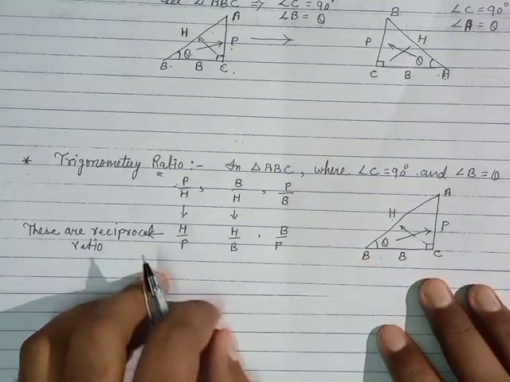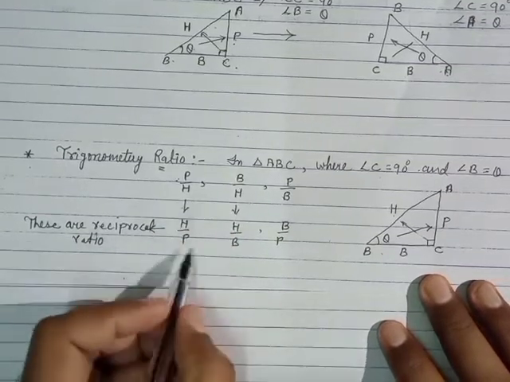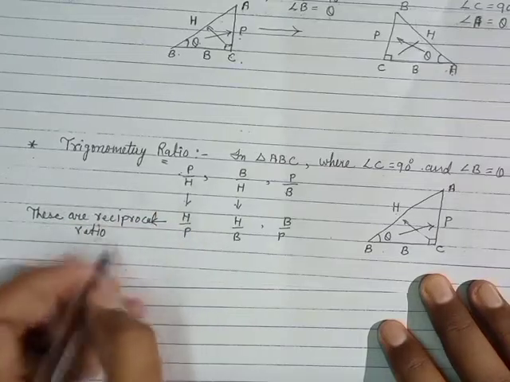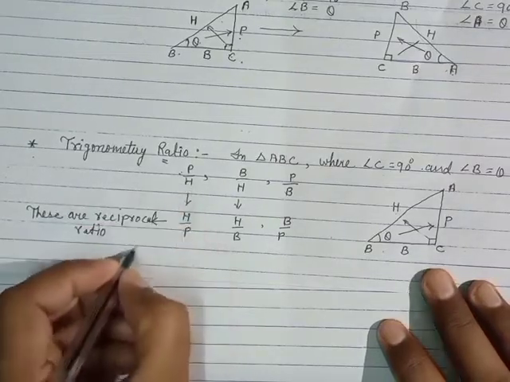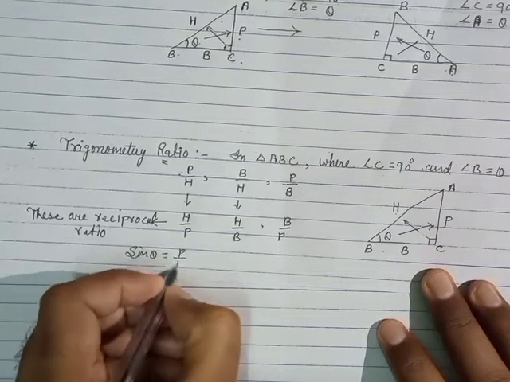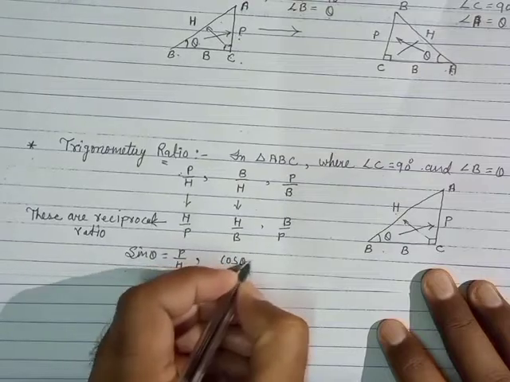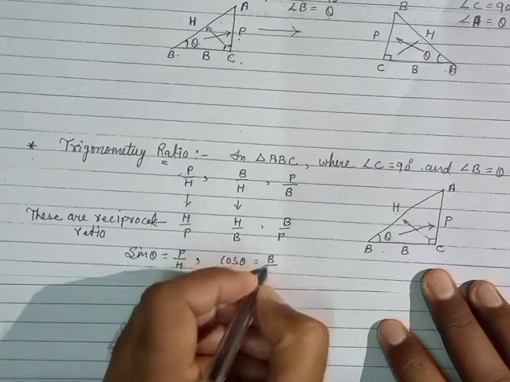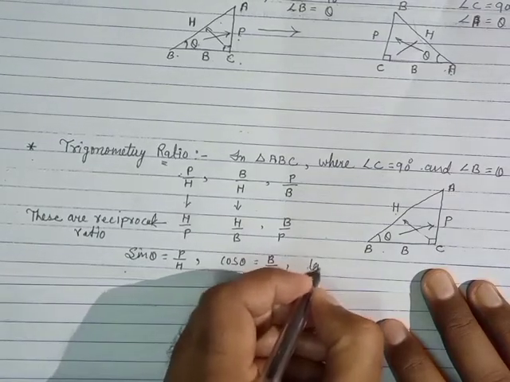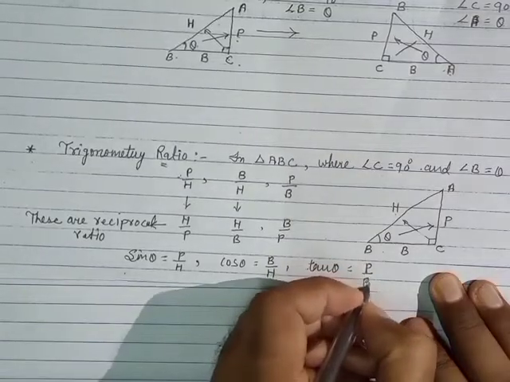There are 6 ratios here. What will be the names of these 6 ratios? The first ratio is called sin theta, P upon H. Second is cos theta, B upon H, and third is tan theta, perpendicular upon base.